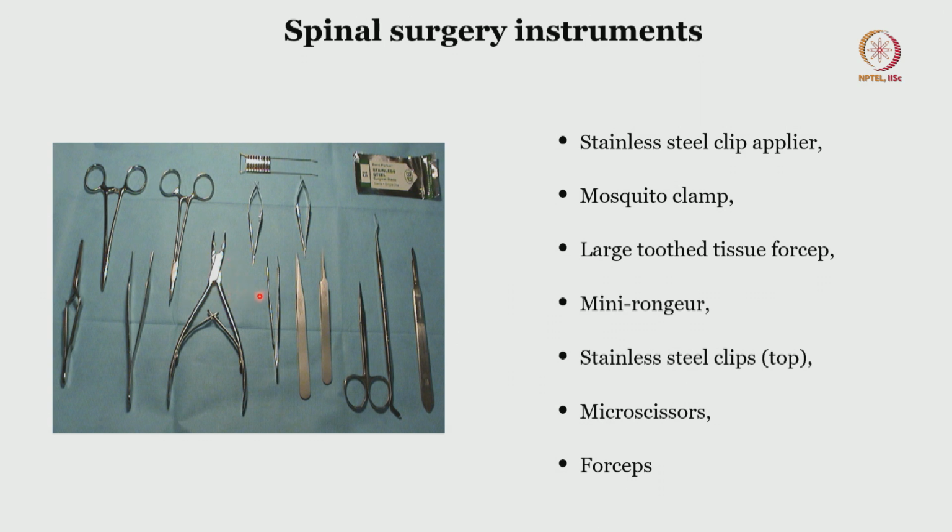If you are well versed at using the drills, then that's the best instrument for laminectomy. If drilling is difficult, or if you don't have the drill set up, then I would recommend using these rongeurs to remove the lamina or the spinous process. Removing the spinous process is fine because you still have the lamina intact covering the spinal cord.